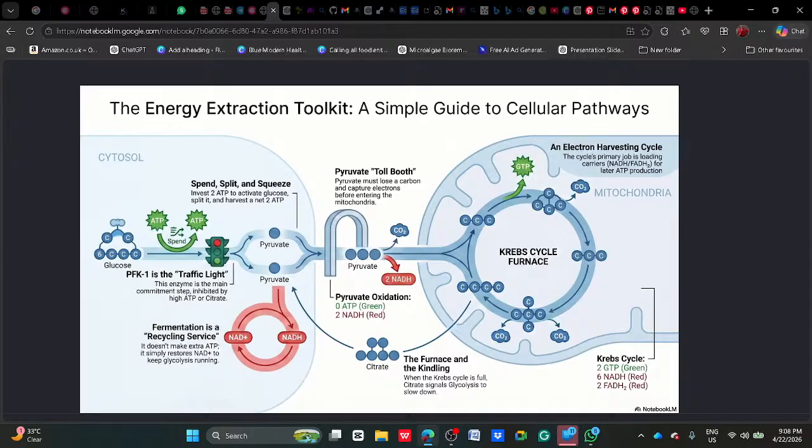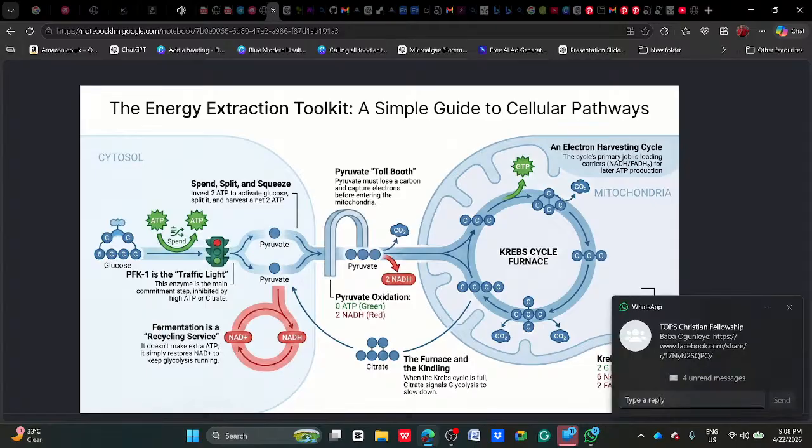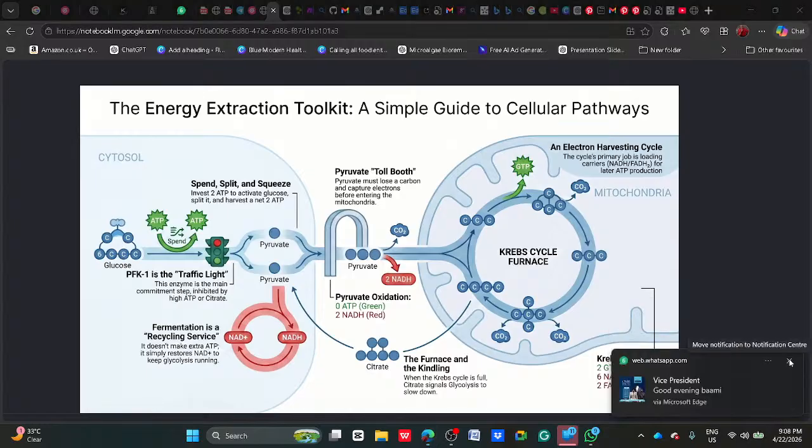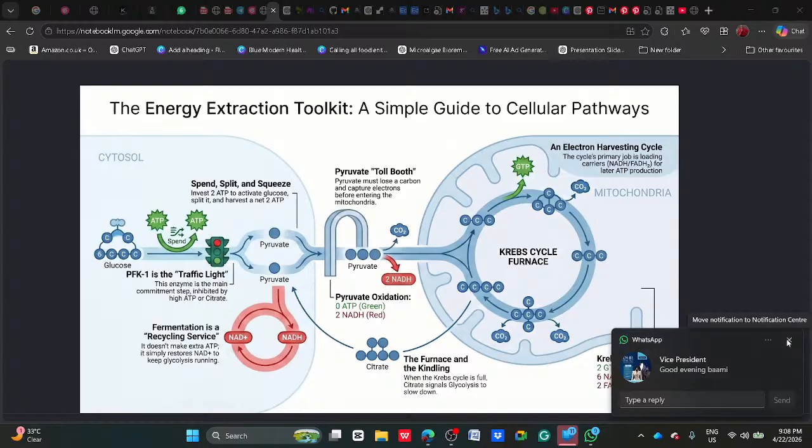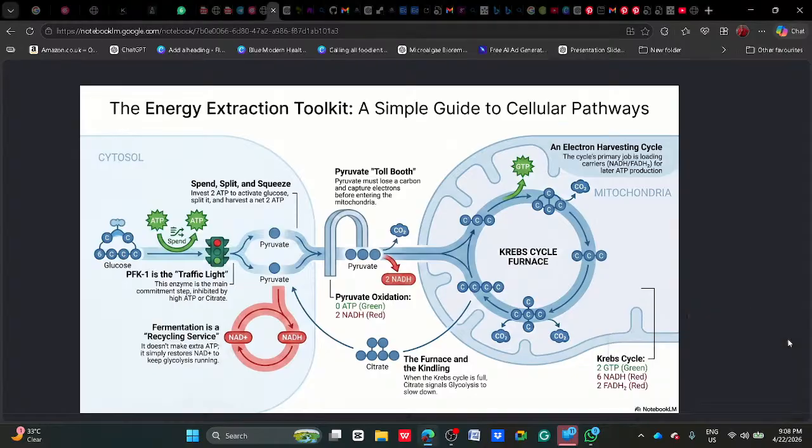So what we are saying in essence is that all these organelles are, to a certain level, independent, because they have their own function and their own role that they play. Organelles are small membrane-bounded parts that are within the cell.